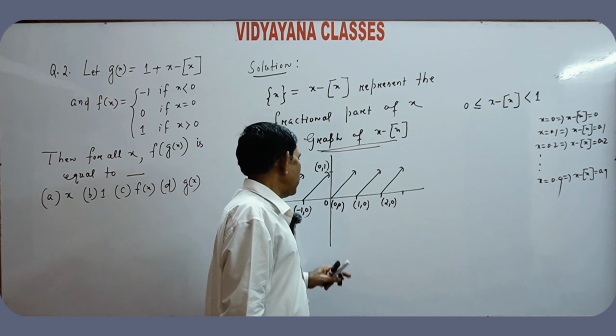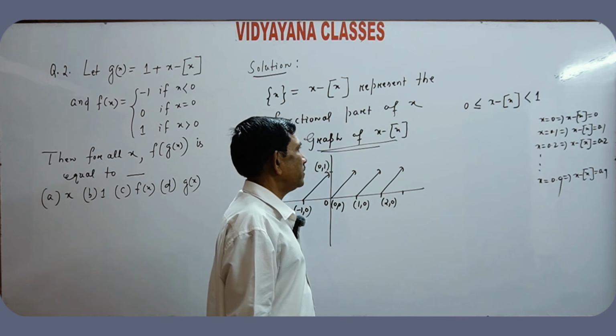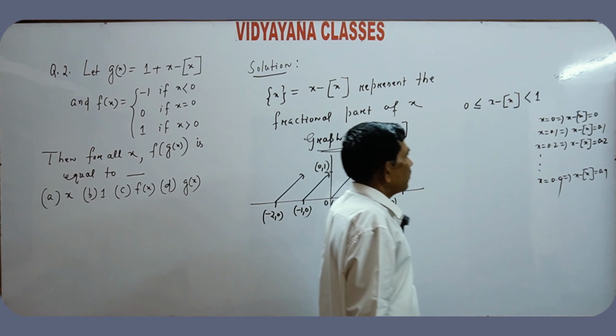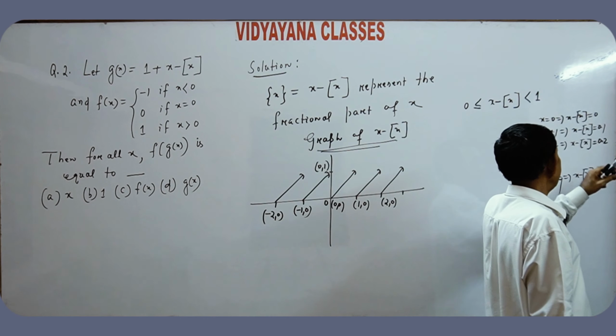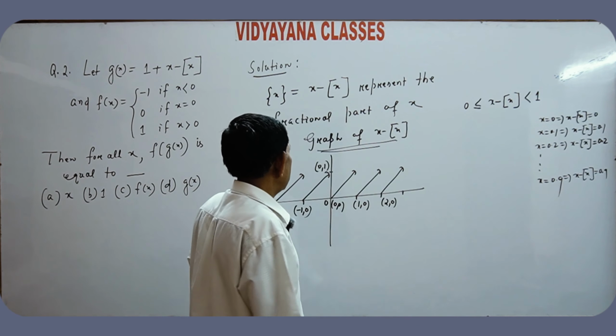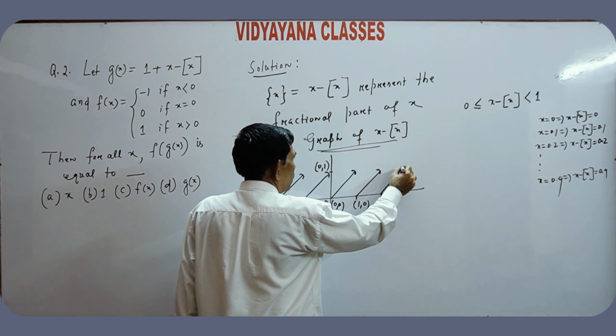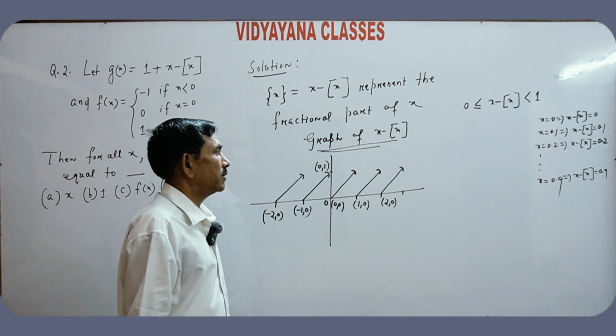In this interval, when x is greater than or equal to 0 and less than 1, the value of y is less than 1, it is an open bracket.